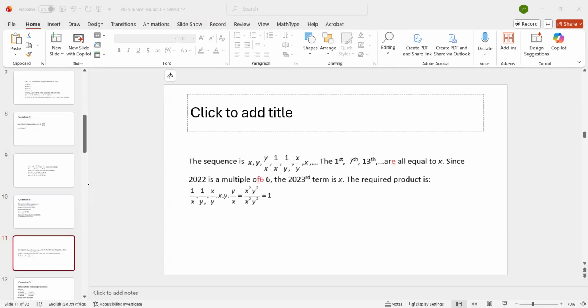I don't know whether this is correct, but whatever it is, the answer here is 1. I may have got the wrong numbers here, but whatever. All right. Let's get on to the next problem.